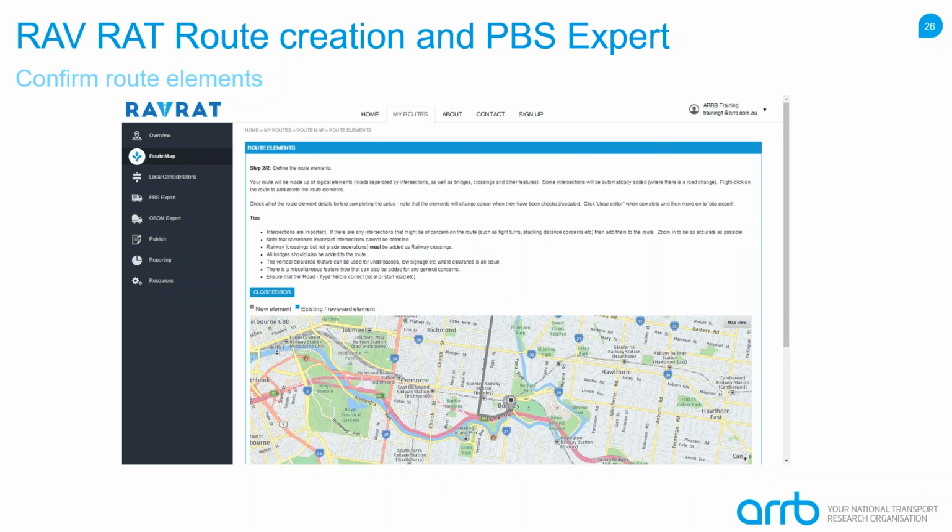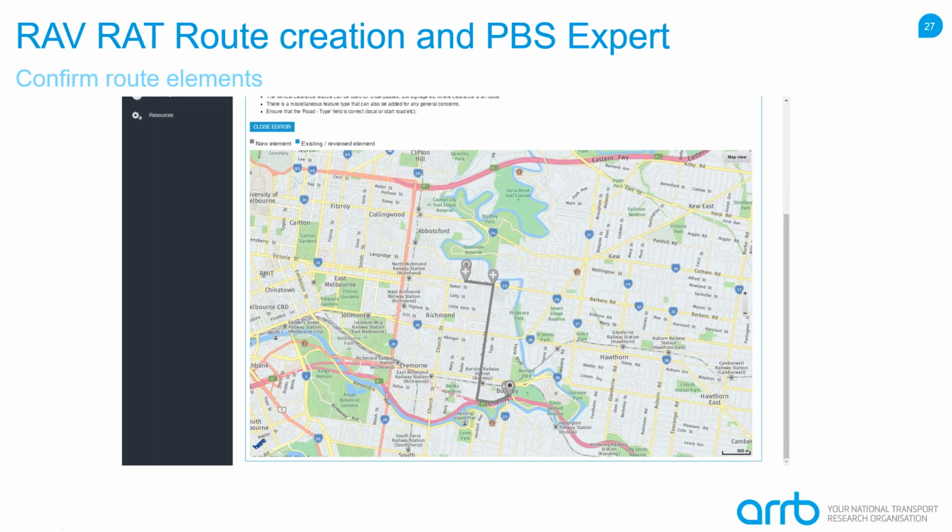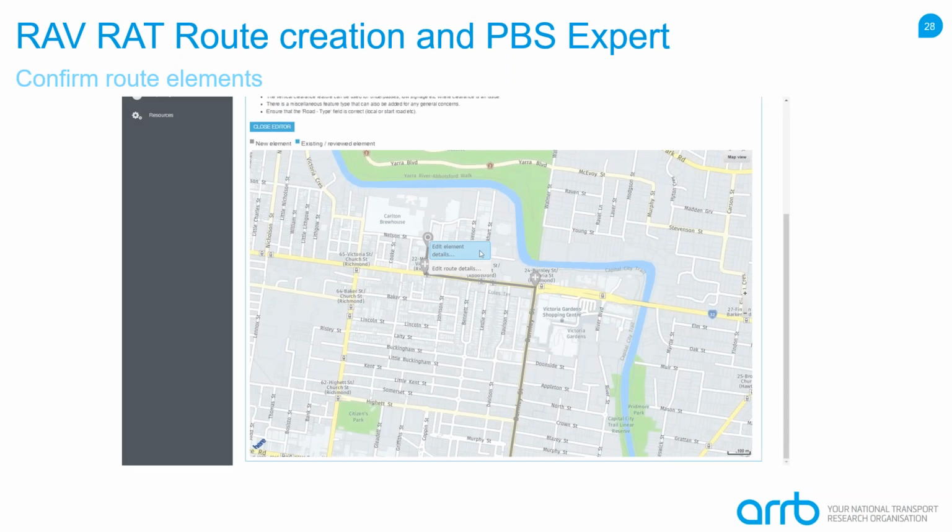So you can already kind of see that on the map where it has the icons showing up. So essentially, this page is used to confirm all the elements of the route, and if necessary, add additional route elements that weren't pre-populated already. So we're just going to move down that page so that we can see this map correctly. So we're now ready to basically start confirming those route elements.